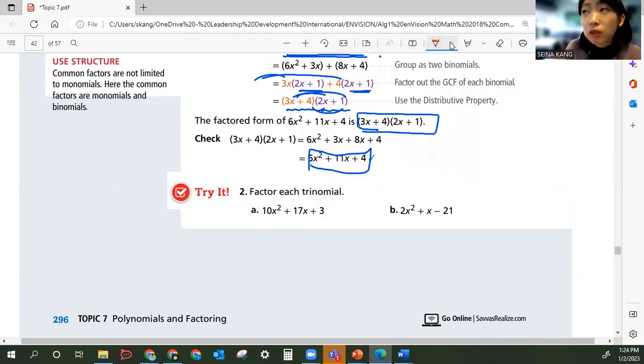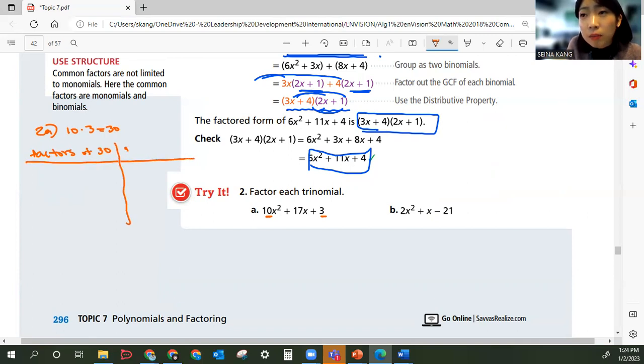So first, your first step is to look at the product of the first and last coefficient. What is the product of 10 and 3? So this is 2A. 10 times 3 is 30, okay? So we're going to look at factors of 30 that make a sum of 17, okay? So there are many factors of 30: 1 and 30, 2 and 15, 3 and 10, 5 and 6.